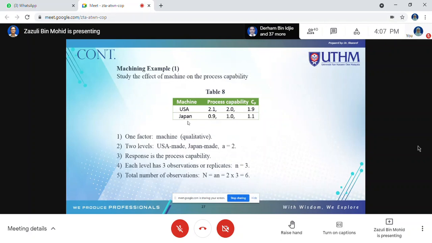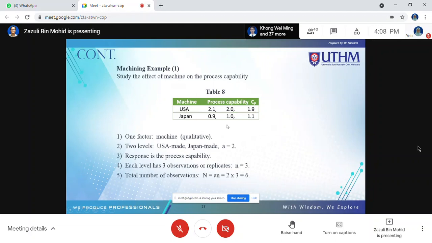Okay, so we have 3 responses for each level. For USA, the process capability is 2.1, 2.0, and 1.9. For Japan, we have 0.9, 1.0, and 1.1.